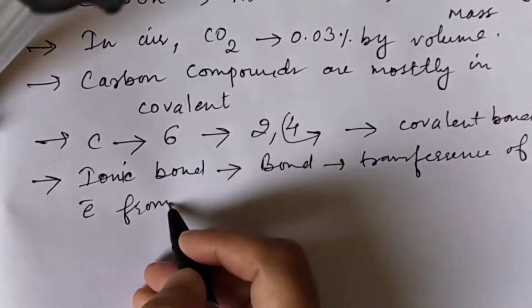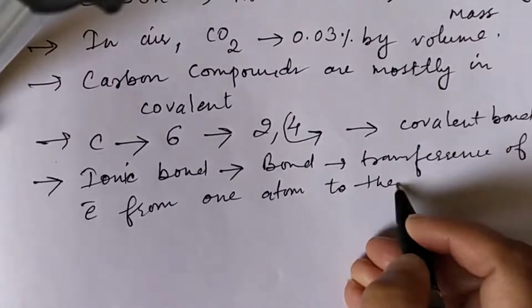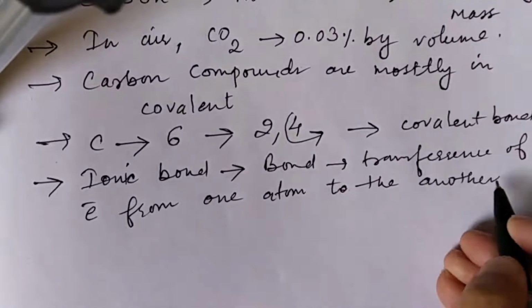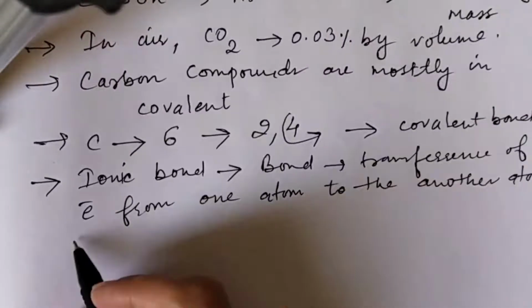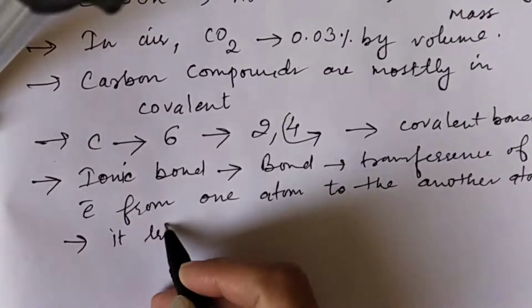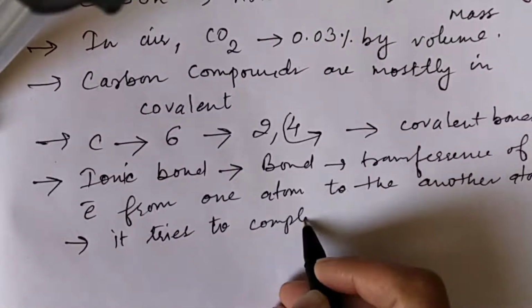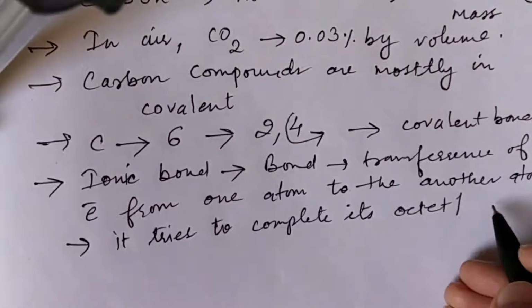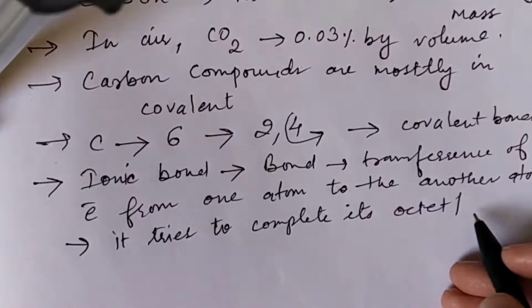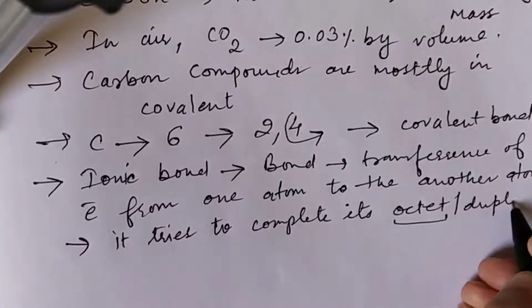In the transference of electron, an atom tries to complete its octet or duplet. In the K shell it will try to attain the duplet, and in higher shells it will try to attain the octet. In the case of hydrogen it is a duplet.